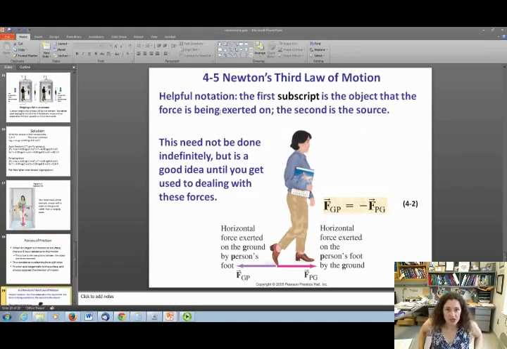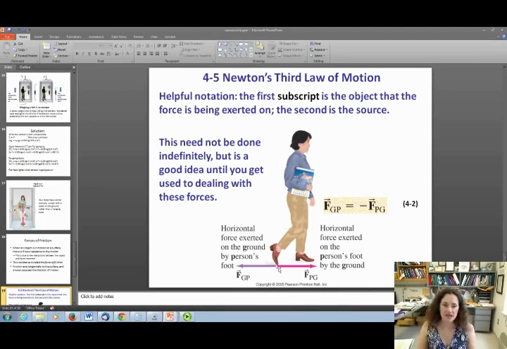Another bit that I want you to understand about Newton's third law is a little bit of notation that your book uses, and in fact that many books use. It uses subscripts to indicate direction. So here there's a picture of a person and the ground. She's walking along. So the force on the person's foot by the ground is indicated by FPG, force of the person on the ground.